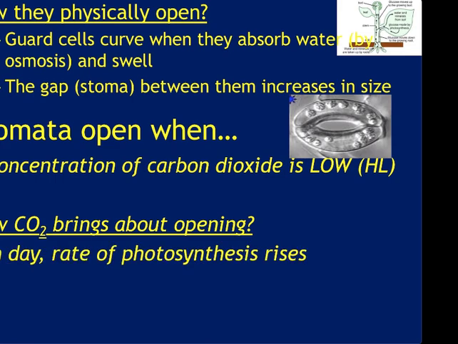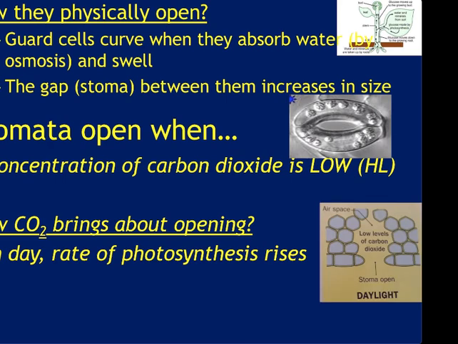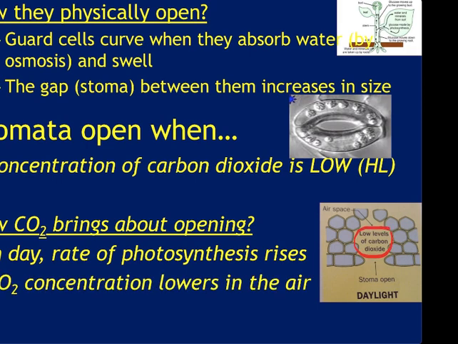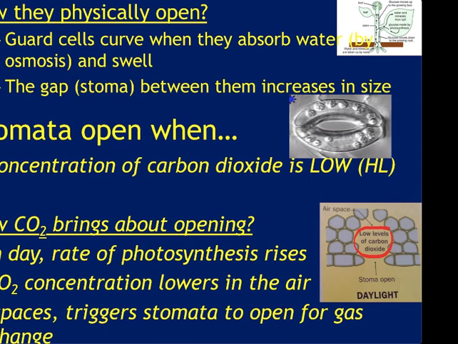Once daylight comes, your rate of photosynthesis increases, and suddenly there's low levels of carbon dioxide in your air spaces, and to get more carbon dioxide in, your stoma has to open. So it is your carbon dioxide concentration that determines whether they're going to be open or closed. During photosynthesis, low levels of CO2. To get more CO2, the stomata have to open to allow gas exchange to occur.